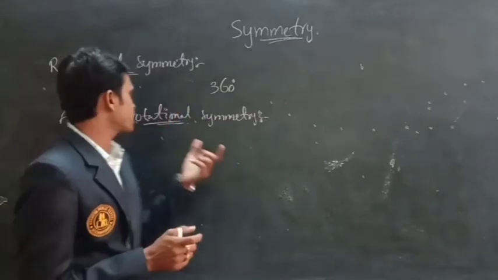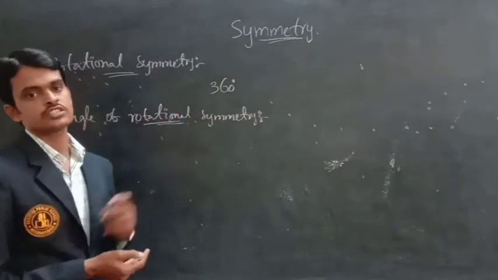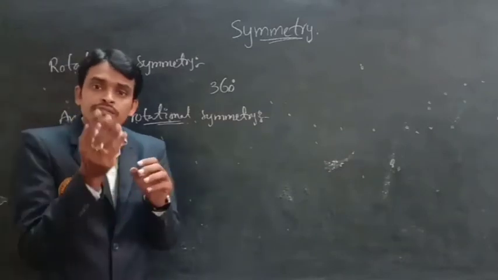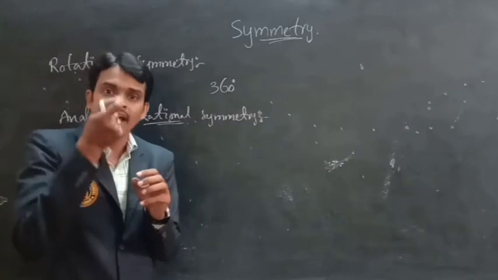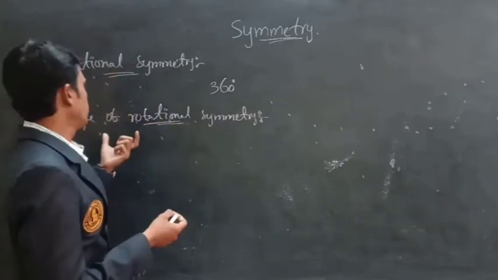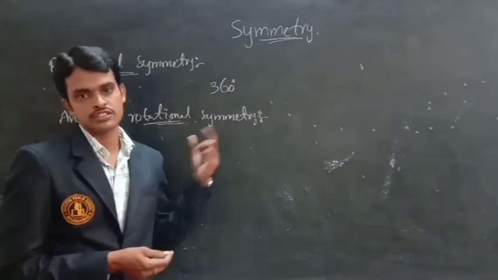So we rotate the figure through the minimum angle, and that minimum angle is called the angle of rotational symmetry.